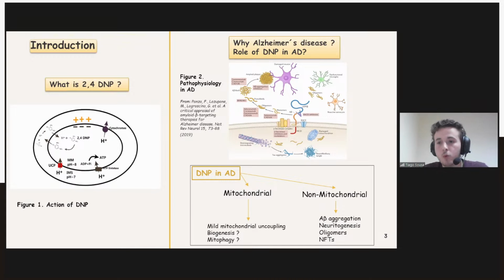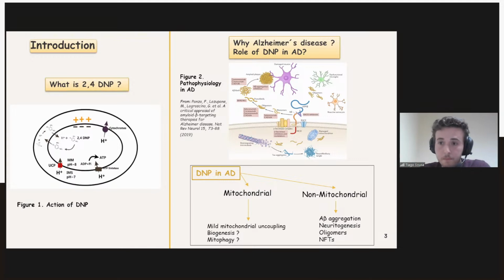So why this work and why this compound, the 2,4-DNP or dinitrophenol, if you want, because 2,4-dinitrophenol targets mitochondrial dysfunction, and we know that mitochondrial dysfunction is involved in the first steps of Alzheimer's physiopathology.